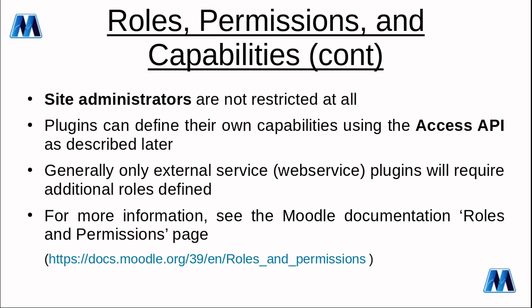You define your capabilities, and then the site admin decides which roles get that capability. You can set default permissions for your capabilities. And for more information, have a look at the link on this page. That's pointing to the 3.9 documentation. If you want the 3.11 documentation, replace 3.9 with 3.11.